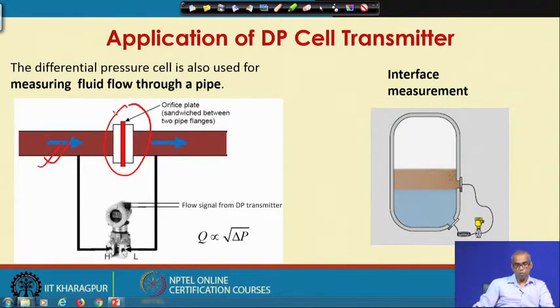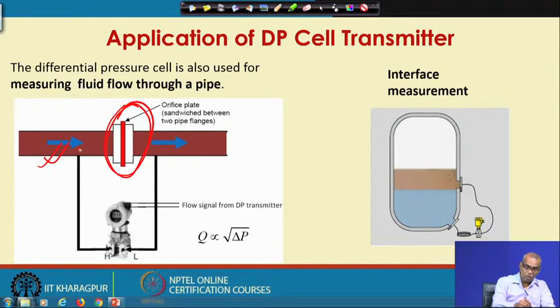We will learn more about the orifice plate or orifice meter when we talk about measurement of flow. For the time being, let us consider that the orifice plate works as a flow restrictor. So, we have put a flow restriction by putting an orifice plate here. So, there will be a pressure drop across this orifice plate.